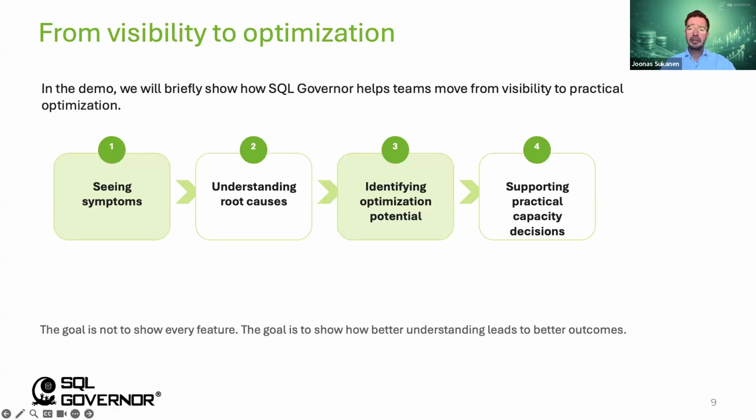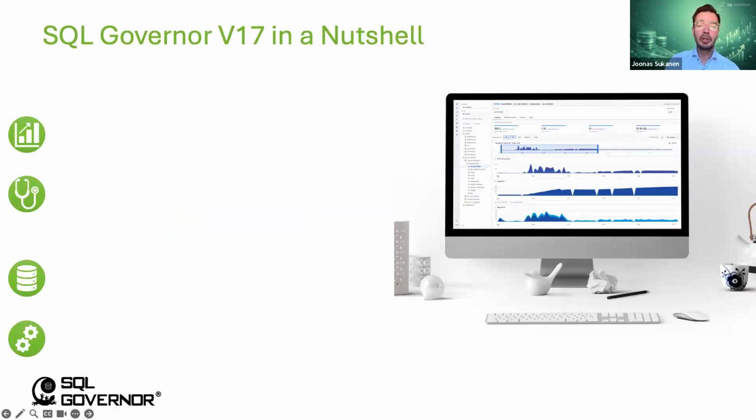That is really the thread running through today's session: moving from visibility to understanding, and from understanding to better outcomes. So with that, let's move into SQL Governor features, and then to the demo. Jani, go ahead, please.